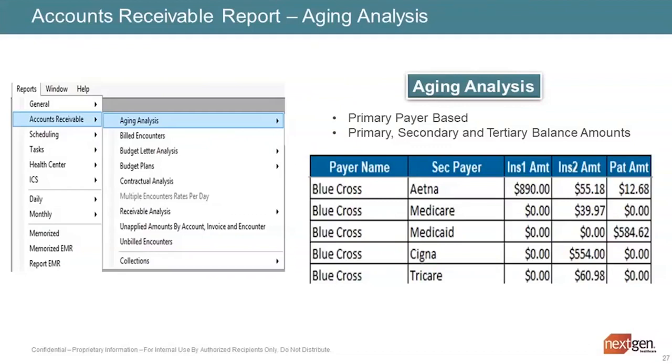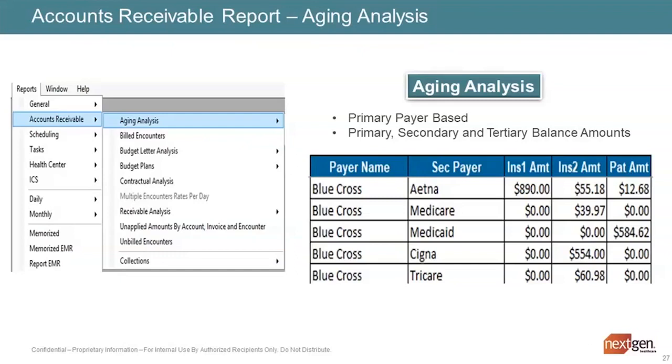The aging analysis is not my go-to, but I do see value in this report. This is primary payer based, and it will give you where the AR sits currently in an insurance 1, 2, tertiary if there is one, or a patient amount.